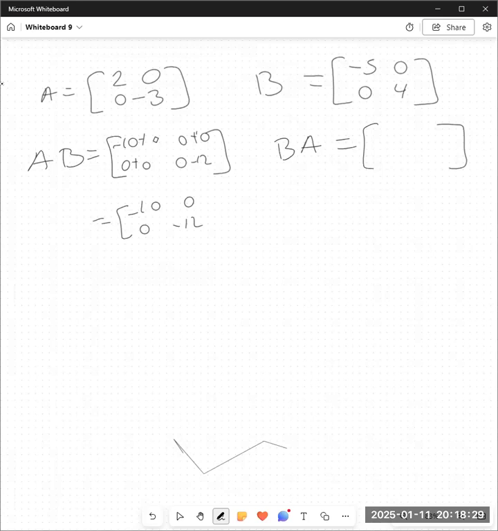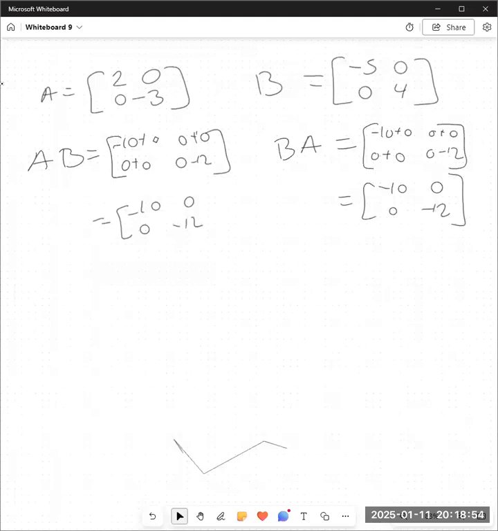When we have BA, first row, first column, we have -10 plus 0. Then first row, second column, 0 plus 0. Second row, first column, 0 plus 0. Second row, second column, 0 minus 12. It's also going to be [-10, 0; 0, -12].